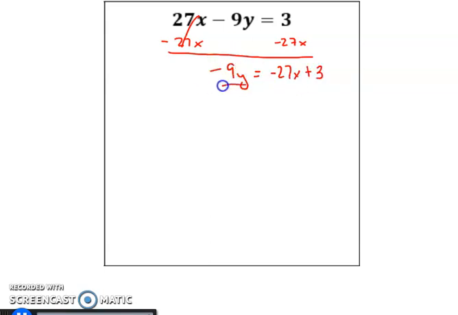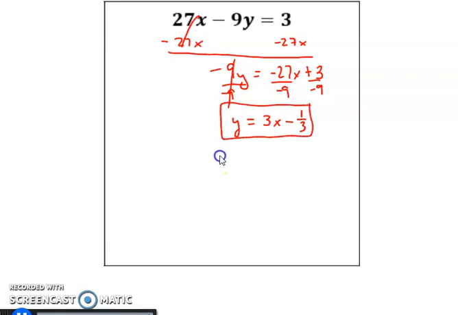We need this to be 1y, so we're going to divide by the coefficient, and everything gets divided. So that's 1y equals negative 27 divided by negative 9. Please use your calculator and check. That gets us 3x. And then positive 3 divided by negative 9, we're going to simplify that. It's going to become negative 1/3. There is my slope-intercept form.